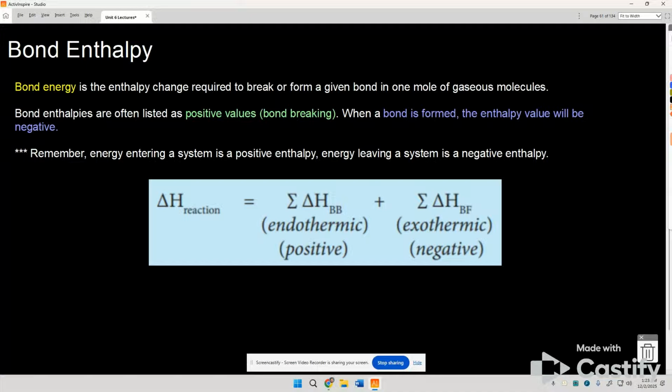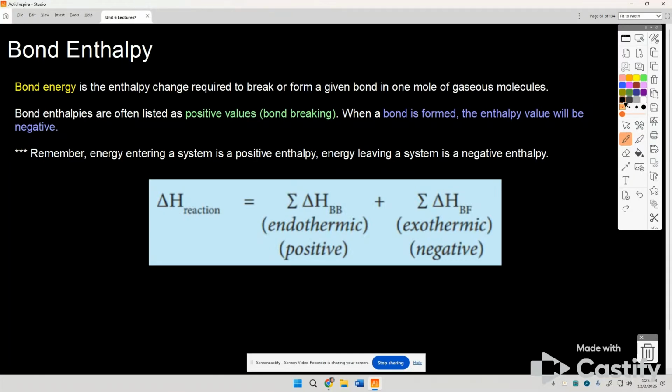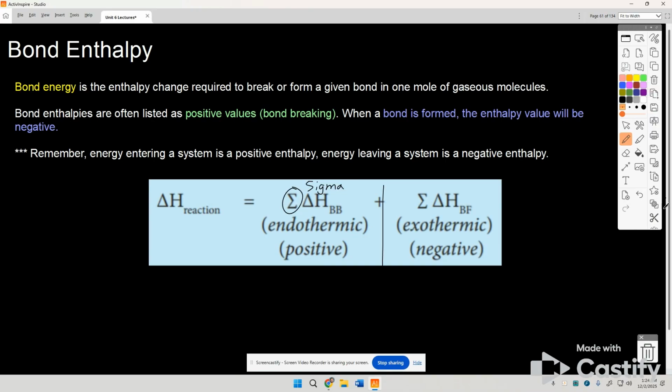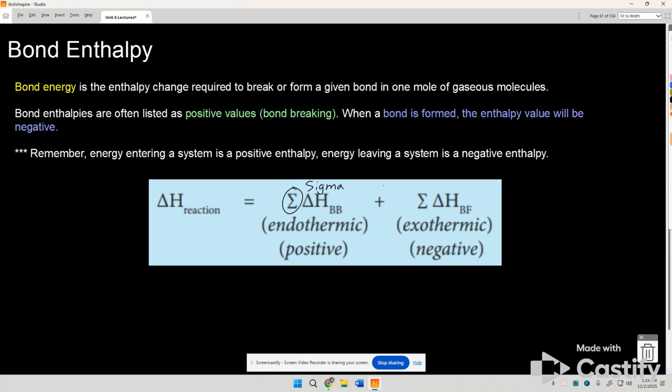So here in this equation we have the delta H of our reaction. If you've never seen this symbol before, this symbol right here is the capital Greek letter sigma, and in upper level math, that capital sigma there stands for the sum. So it's the sum of all of the delta H's of the bonds being broken, plus the sum, right, sigma, sum, the sum of all of the delta H's of the bonds formed.